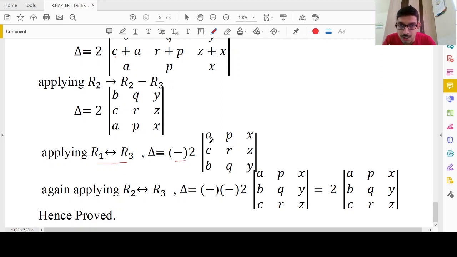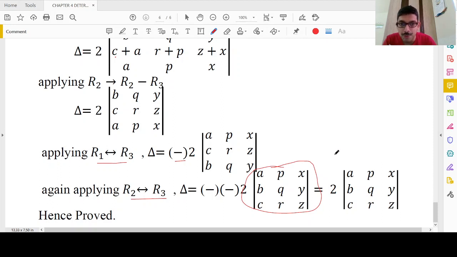Now this is not yet the desired answer, APX, CRZ, BQY. So again we interchange R2 and R3, and again the sign of the determinant changes. Already one negative sign is there, and now one more negative sign, so two negatives give a positive, and it will be 2 times APX, BQY, CRZ.